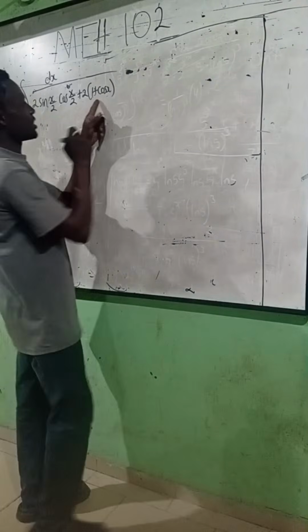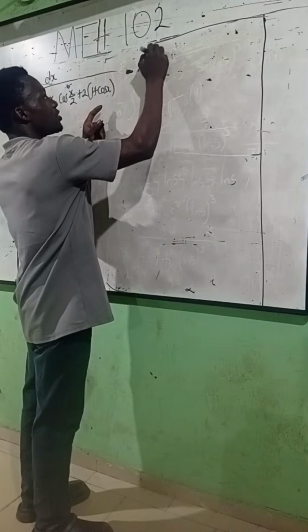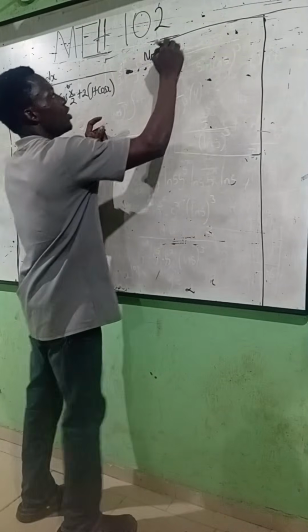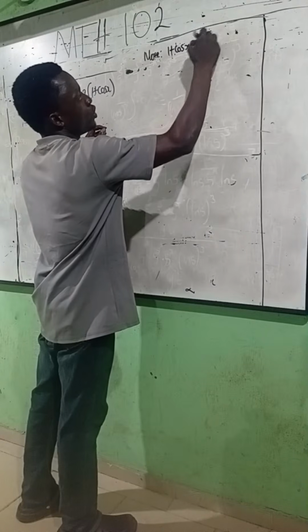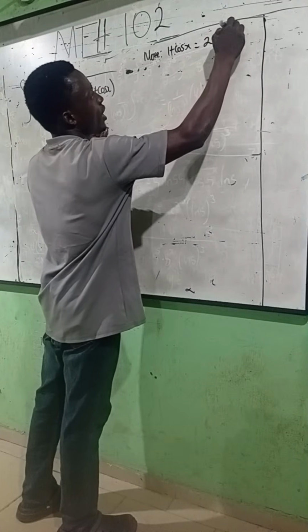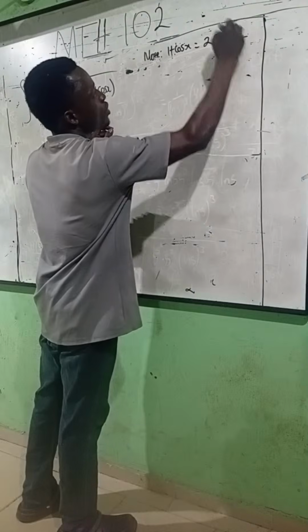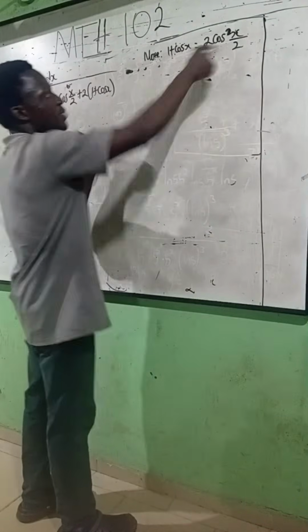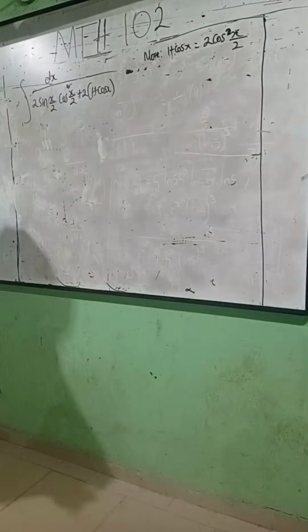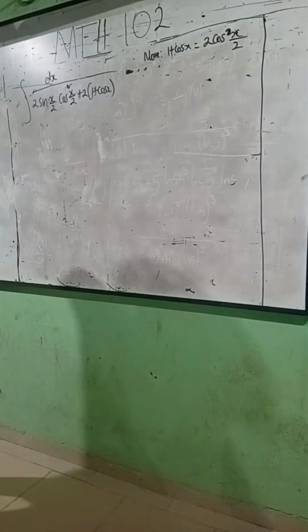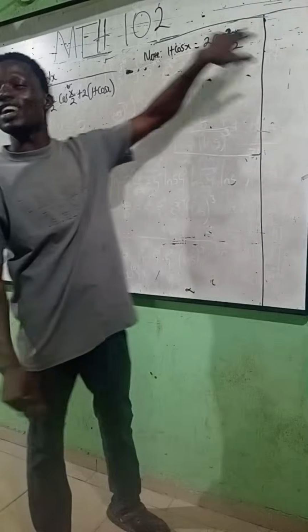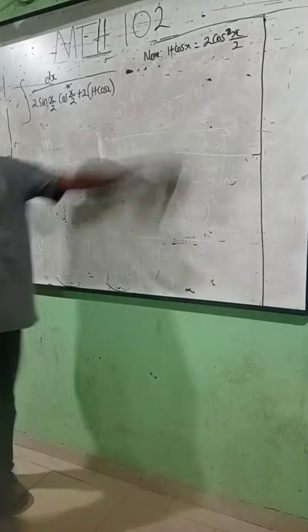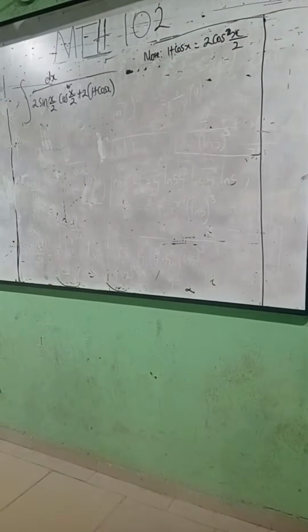Now there's an identity for this guy. Note, 1 plus cos x equals to what? 2 cos square x over 2. Am I right? If it is minus, it will be sine. Let's confirm. 1 minus cos x is 2 sine square x over 2. 1 plus cos x is 2 cos square x over 2. I think that's right, isn't it?